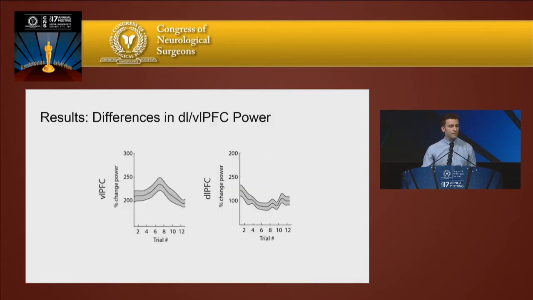So the first thing we found is that the dorsolateral and ventrolateral prefrontal cortex have a different signature in their expression of theta power.